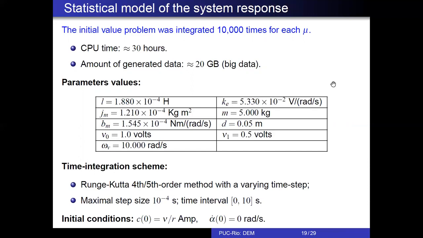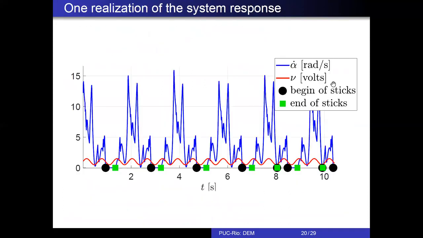A small time step was required in order to determine the instant of transition between the phases. Here we see one realization of the system response. The instants of beginning of sticks are highlighted with black circles, and the end with green squares.